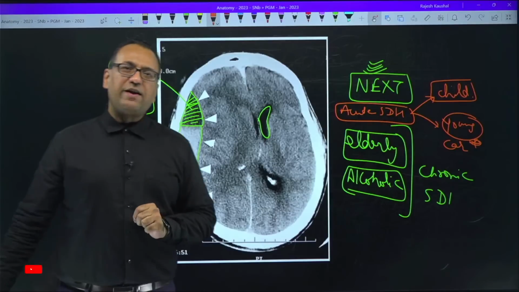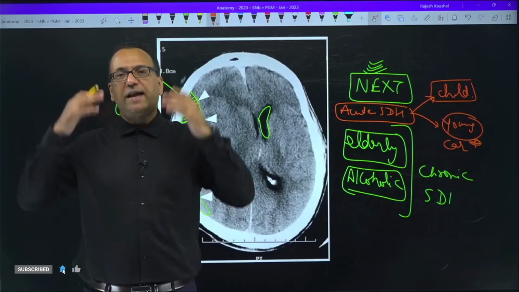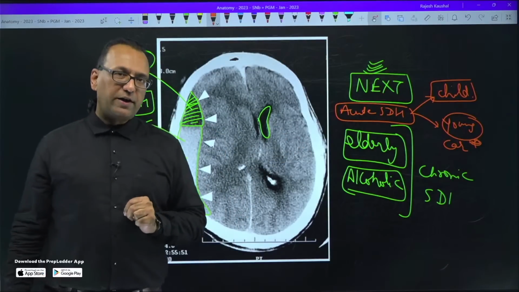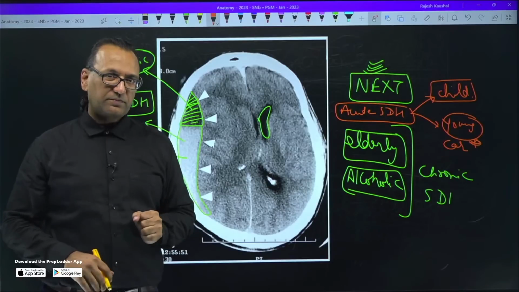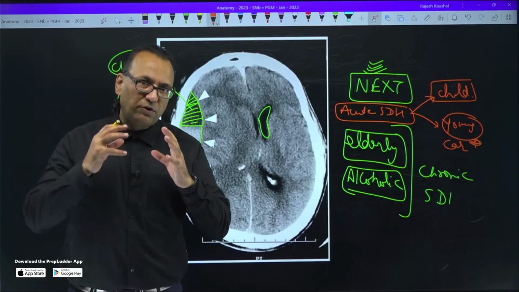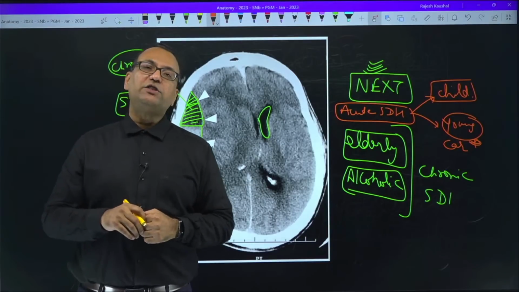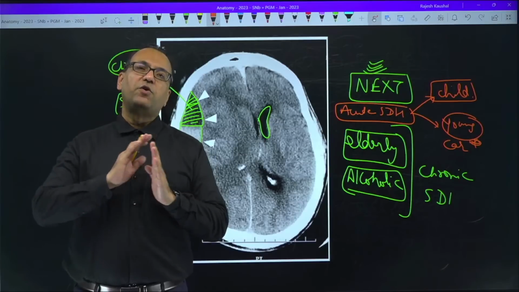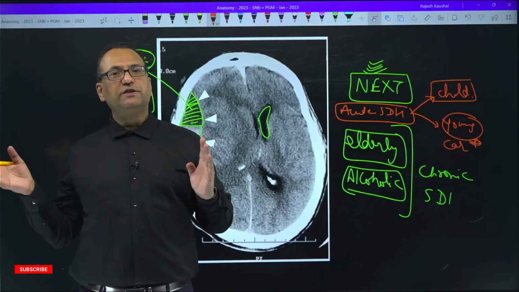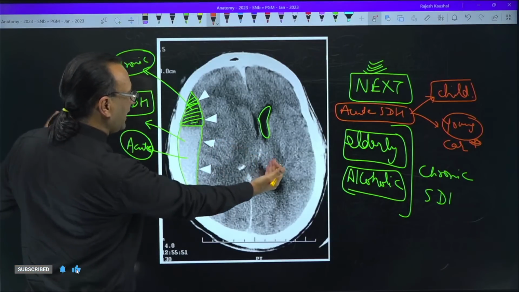Will they have a lucid interval? Lucid interval, normally we say it will be in extradural hemorrhage, but even these people can have a lucid interval. What is lucid interval? Lucid interval is you have some trauma, there is loss of consciousness, you regain consciousness, there is a duration of consciousness, and again you lose consciousness because the hematoma is becoming larger and compresses the brain.